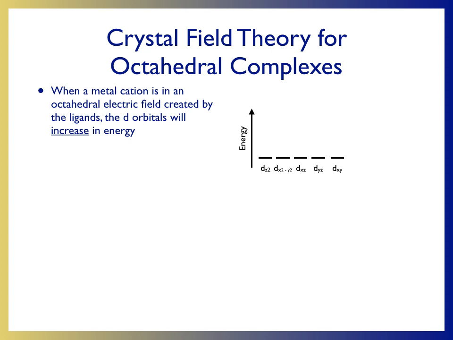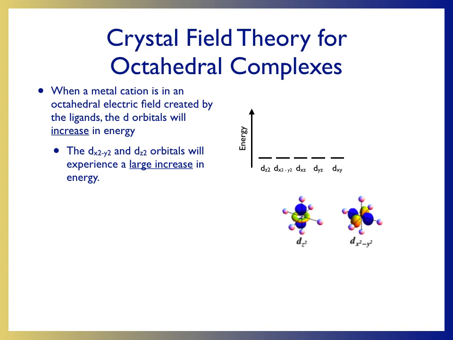Let's take a look at the d orbitals relative to those ligands. There are two types of d orbitals, the dz squared and the dx squared minus y squared orbitals, that will experience a very large increase in energy. If you look at the pictures on the right, you'll see that these orbitals both have lobes that point directly at the ligands, which are represented by the grayish spheres.